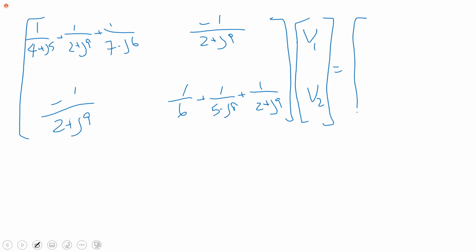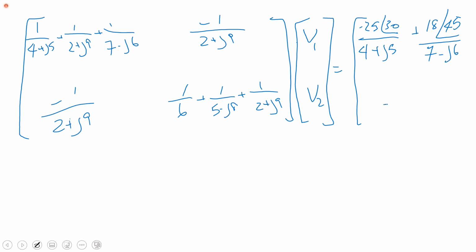And this is equal to 25 minus 25 at angle 30 over 4 plus J5 plus 18 at 45 over 7 minus J6.